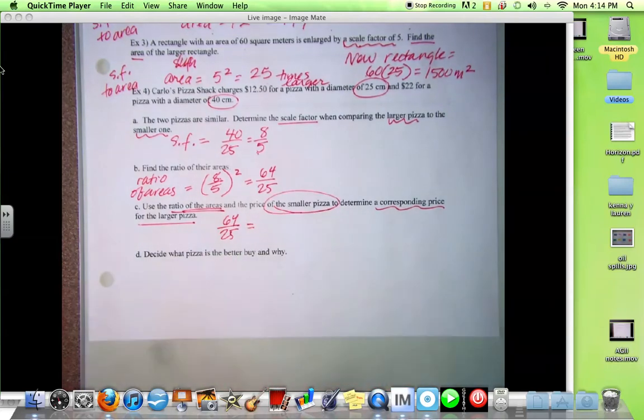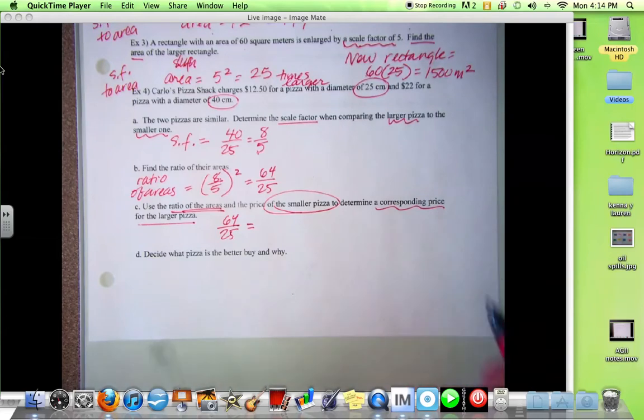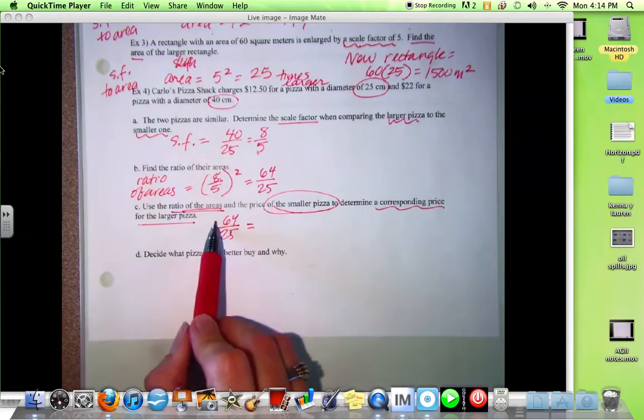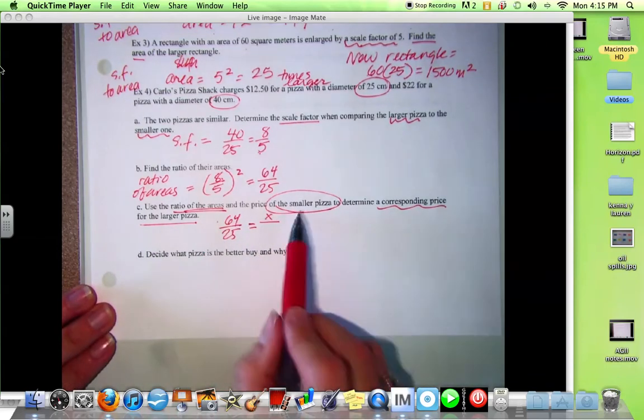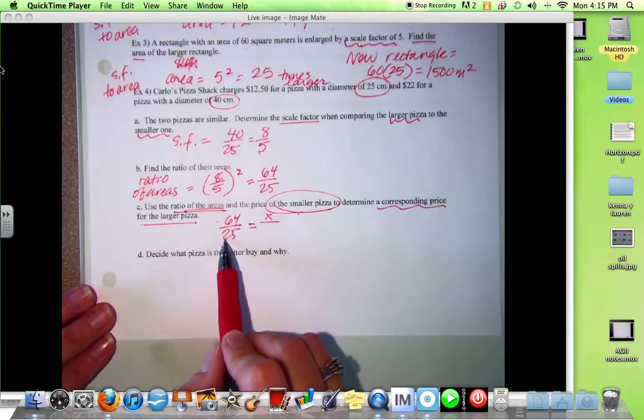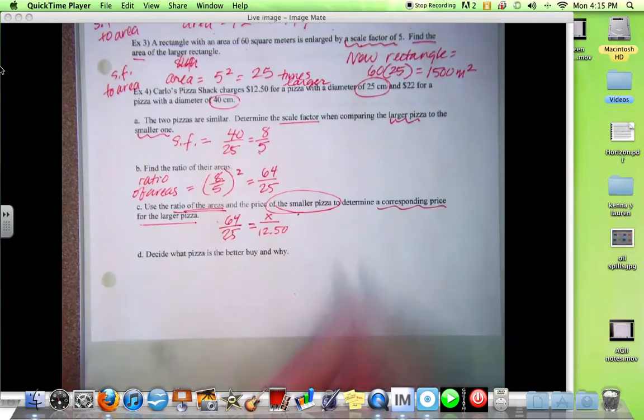So you're setting up a proportion to find the corresponding price for the larger pizza. So 64 corresponds with the larger pizza, so that's where your X goes. The price of the smaller pizza corresponds with a 25. Small pizza is $12.50.